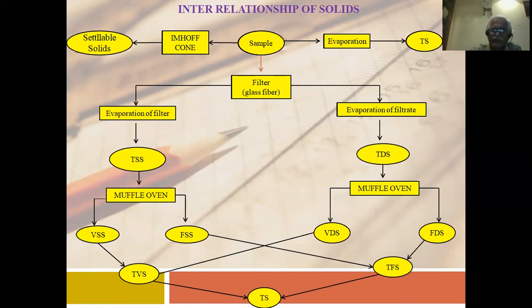You put the sample in, and after a few minutes, all the solids are deposited in the cone. Imhoff is a man; fortunately, I met his son who designed this Imhoff cone. And the sample, if you evaporate, you will get total solids.